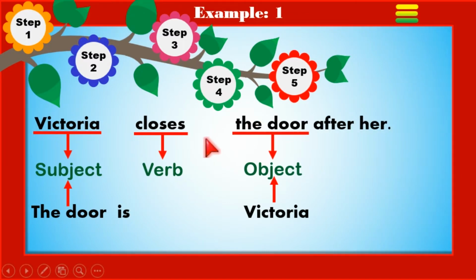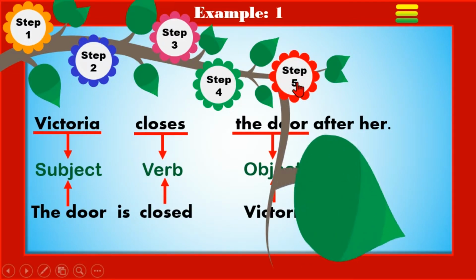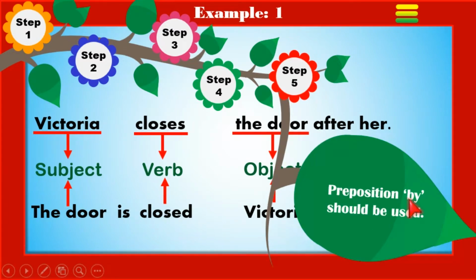Then the past participle form of the verb. Here the verb form is V1 plus S form, that is closes. What is the past participle form of closes? Closed. Then step 5, the preposition by should be used.